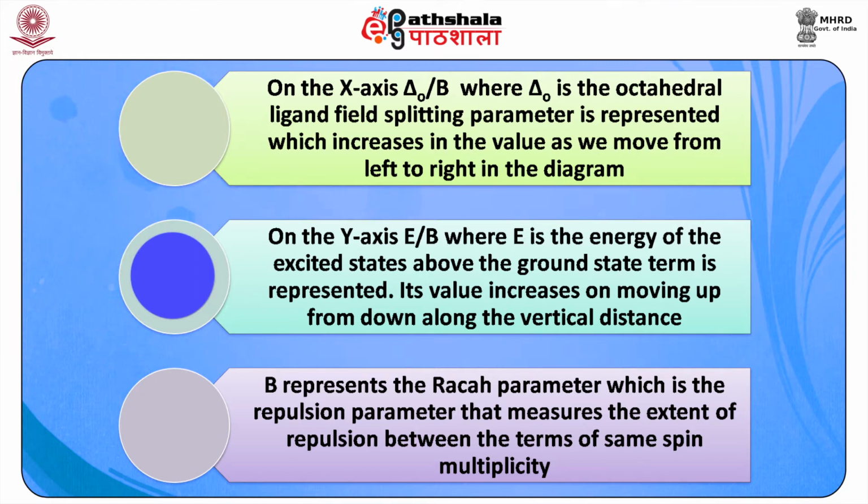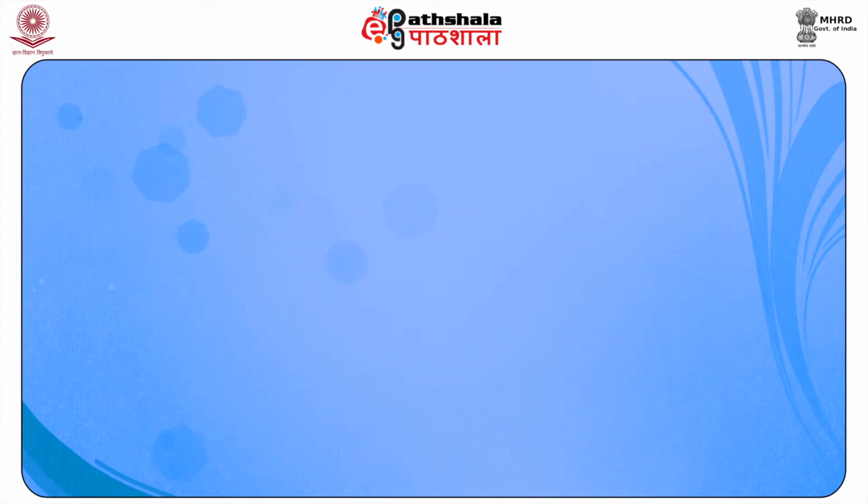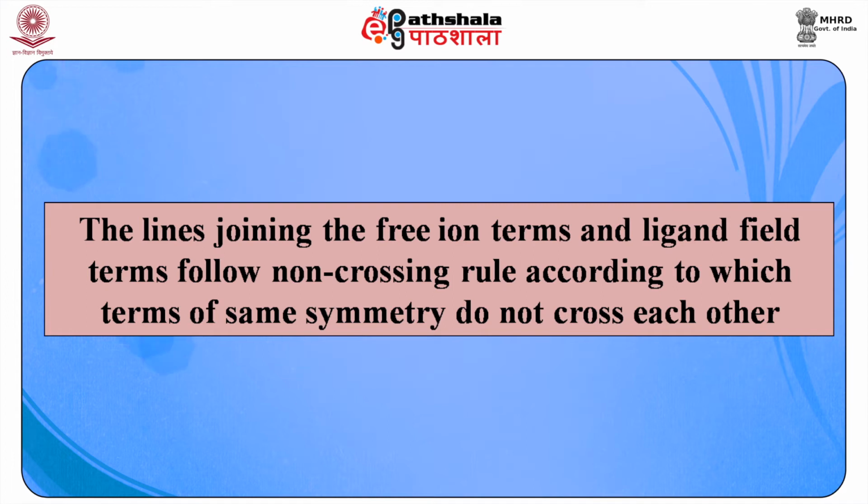Its value increases on moving up along the vertical distance. Capital B represents the Racah parameter, which is the repulsion parameter that measures the extent of repulsion between the terms of the same spin multiplicity. The lines joining the free ion terms and ligand field terms follow the non-crossing rule, according to which terms of the same spin multiplicity do not cross each other.